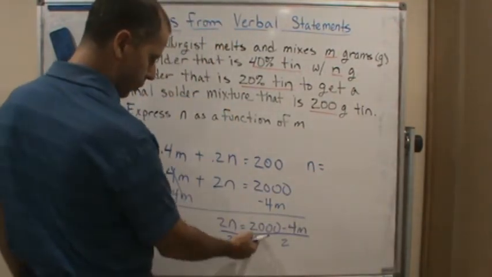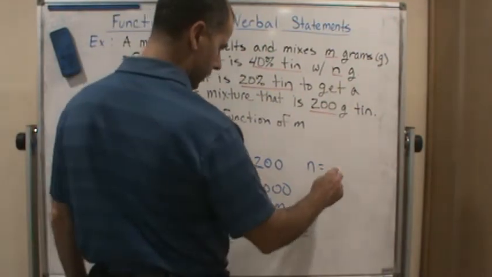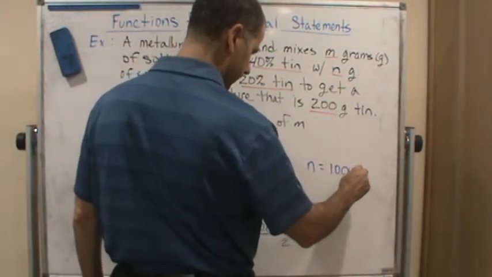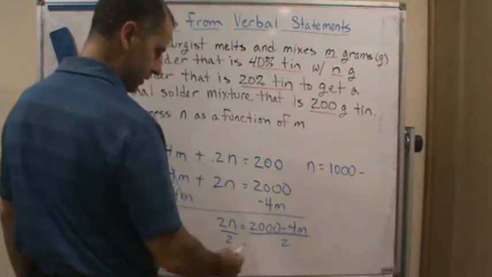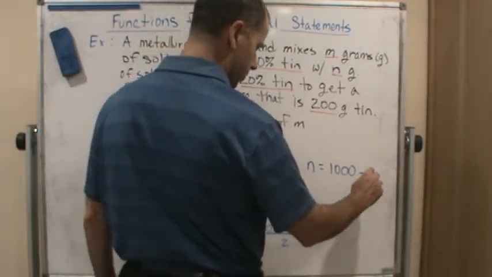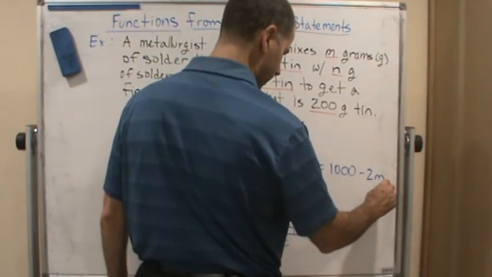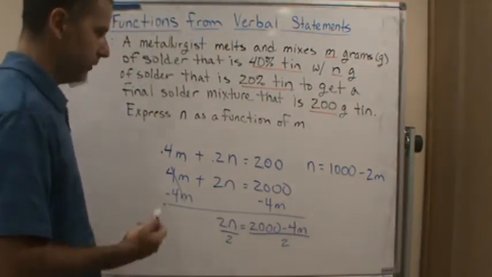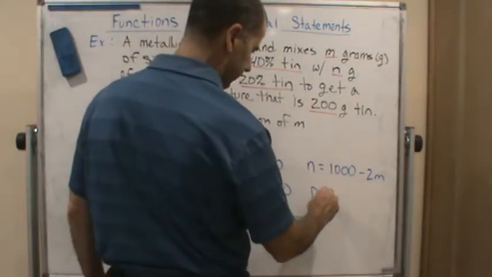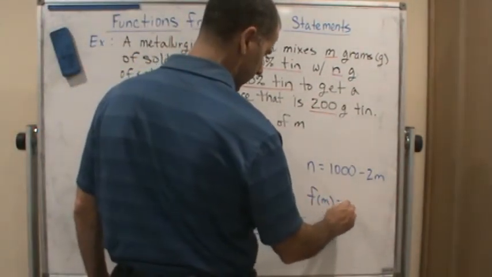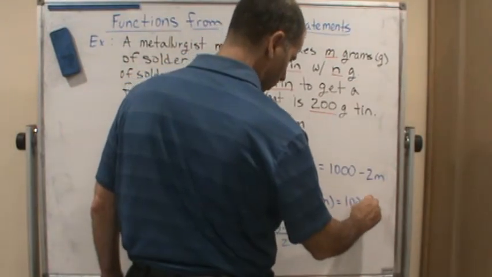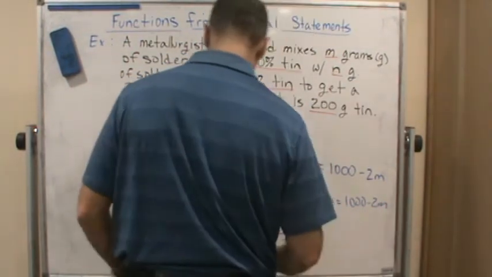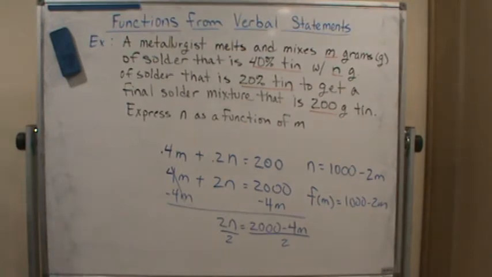Well, 2,000 divided by 2 is 1,000, minus 4 divided by 2, which is 2m. And there's my function. So f of m equals 1,000 minus 2m.